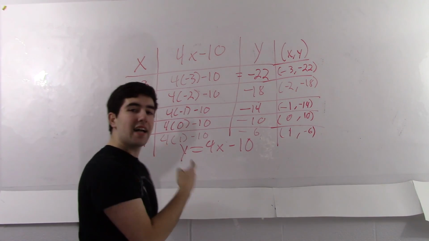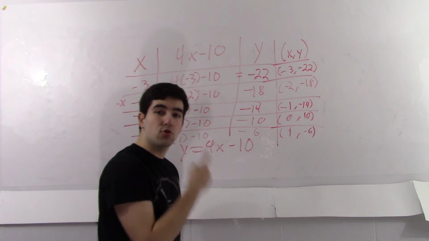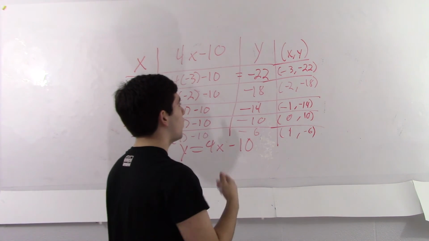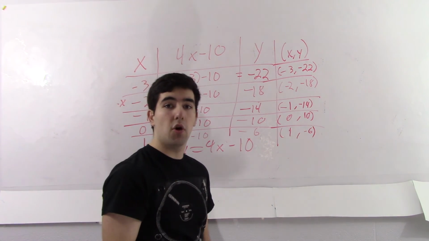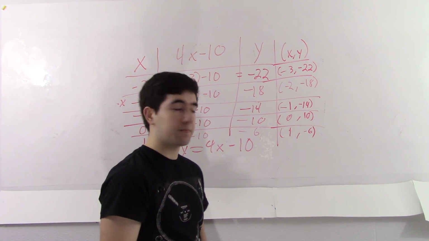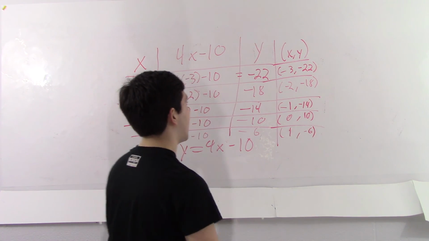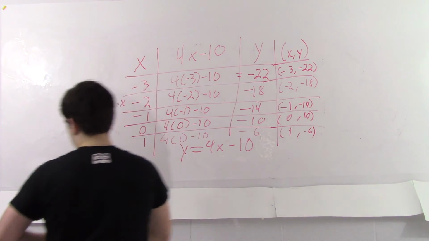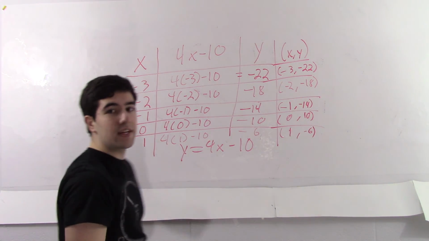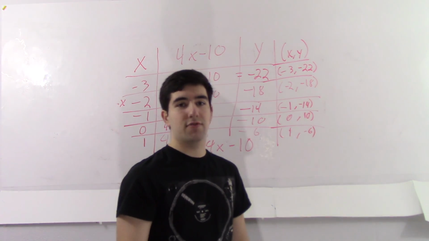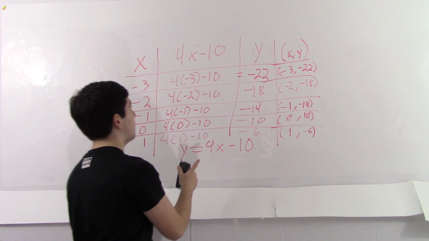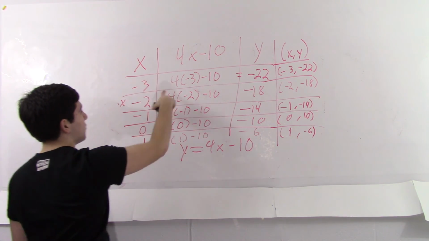This way of finding x and y is going to be extremely valuable when we go on to learning about slope, the line form, the equation of a line, as well as eventually figuring out parabolas and all that good stuff.